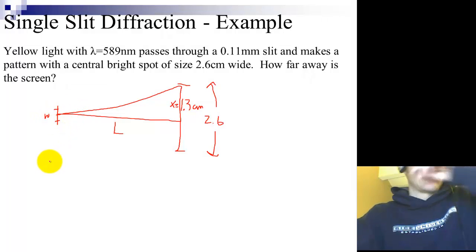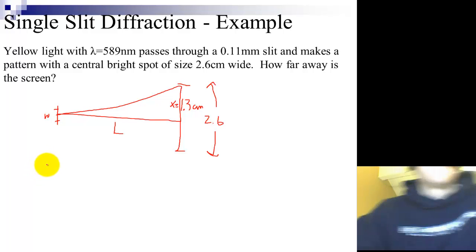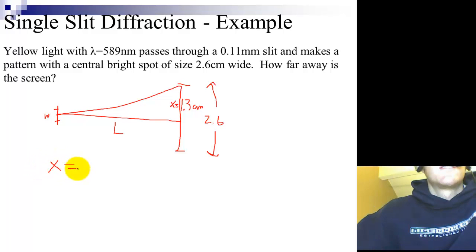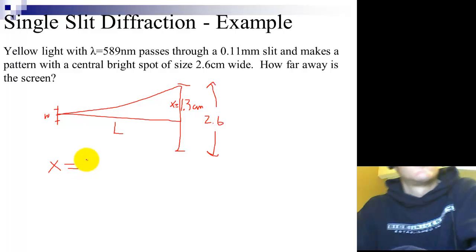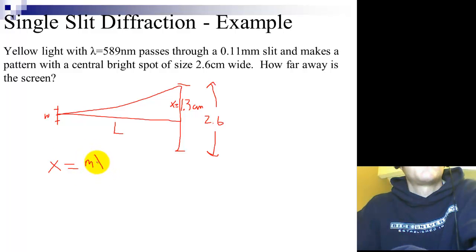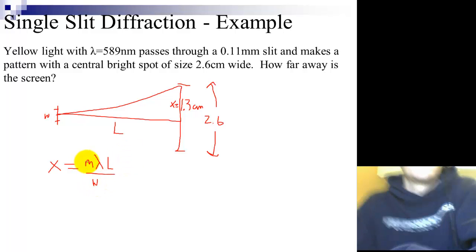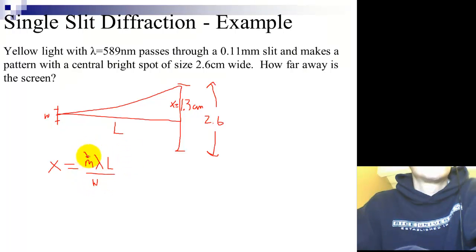Okay, and so we can set up our formula. X equals m lambda L over W. And m right here, since it's the first bright spot here, we have that m equals 1.